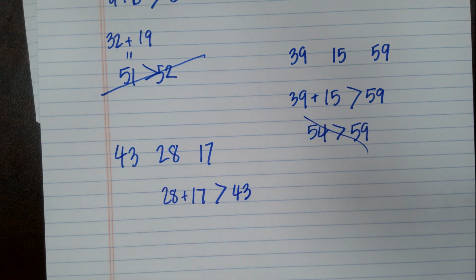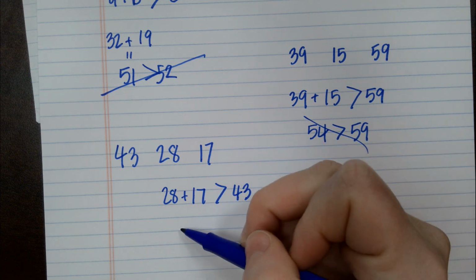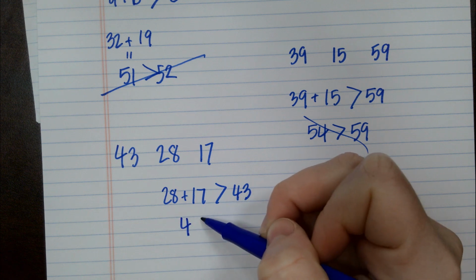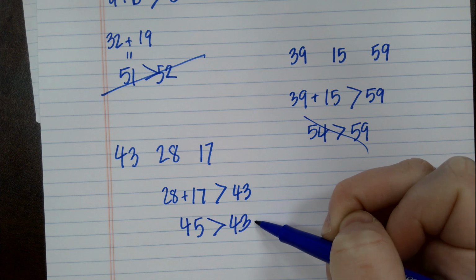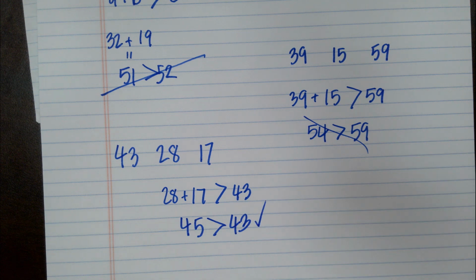Let's see. 28 plus 17. What'd you get for that? Perfect. 45. Is that greater than 43? Yes, it is. So we can say that yes, they form a triangle. It's really hard to put them together into a triangle.